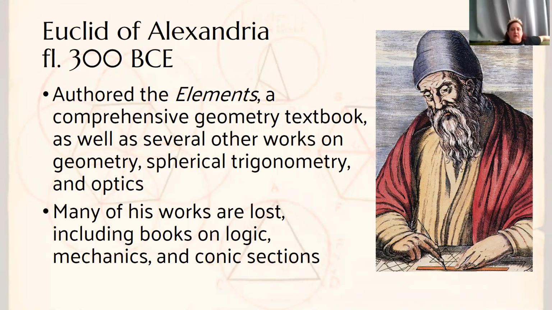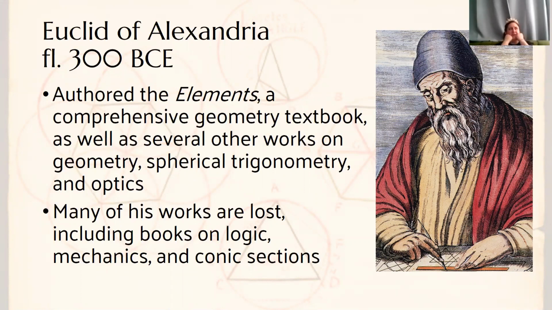He also wrote on geometry. Besides geometry, he wrote on spherical trigonometry and optics. Spherical trigonometry is the study of triangles on, say, the surface of the Earth. You can have a triangle on the surface of the Earth that has 3 90-degree angles. Those of you who've taken high school geometry are freaking out right about now.